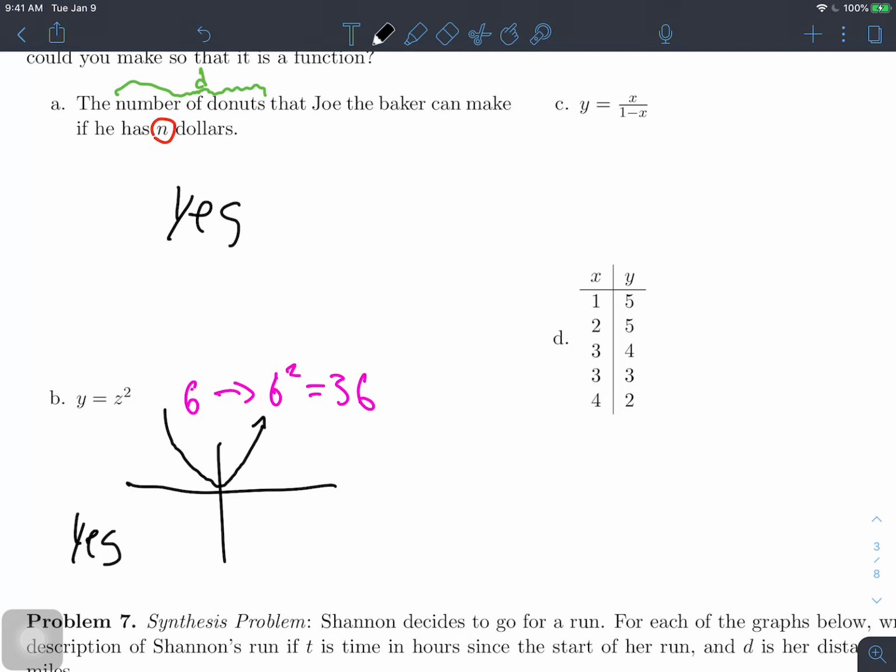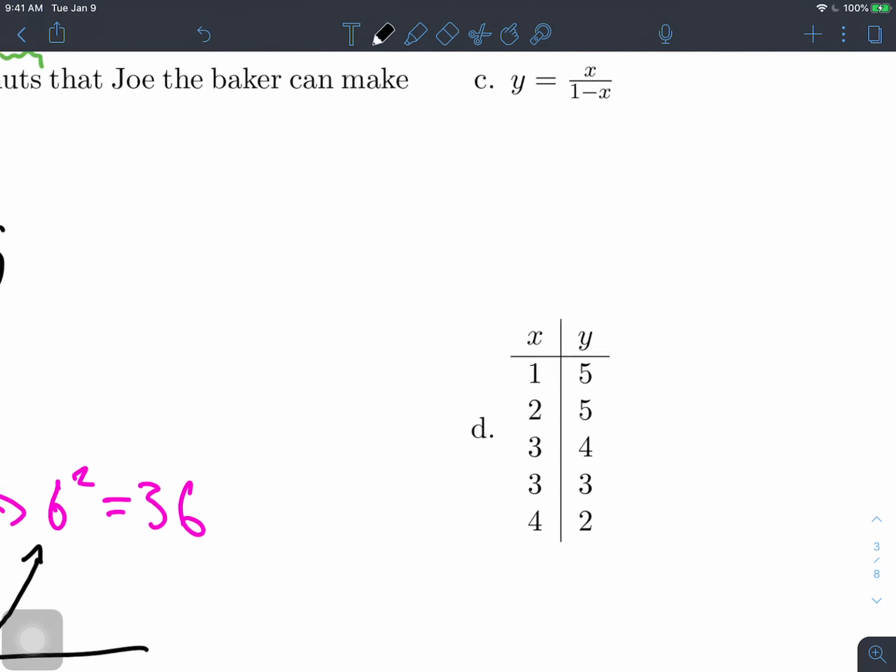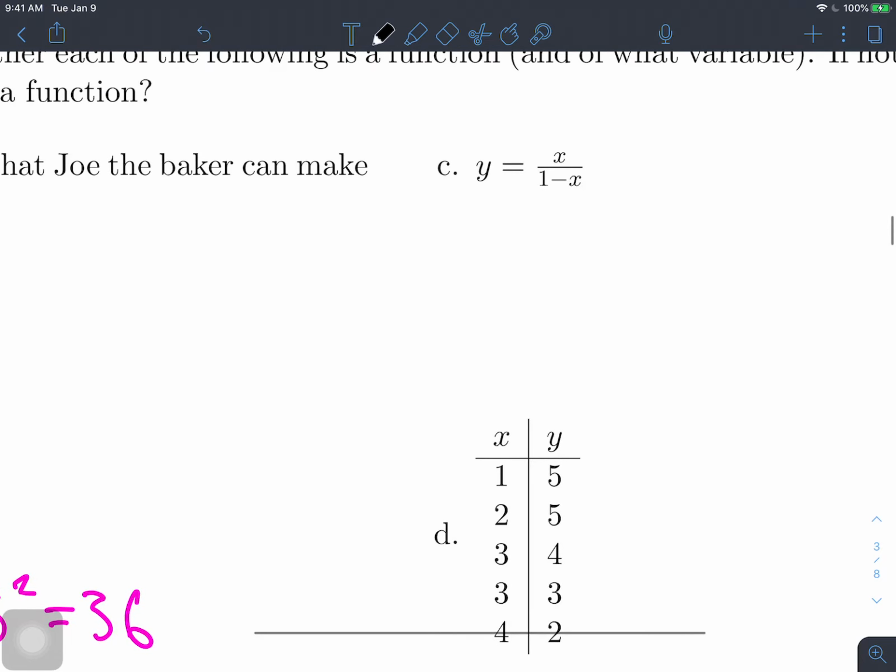In the denominator, if you put in certain numbers, the denominator can't be zero. That's exactly the crux of it, isn't it? So Yasmin was talking about this denominator here, 1 minus x. What happens if x is equal to 1? The denominator is going to be 1 minus 1. We'll have 1 over 0, right?